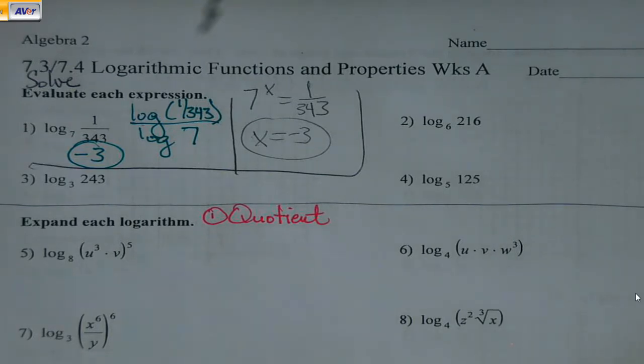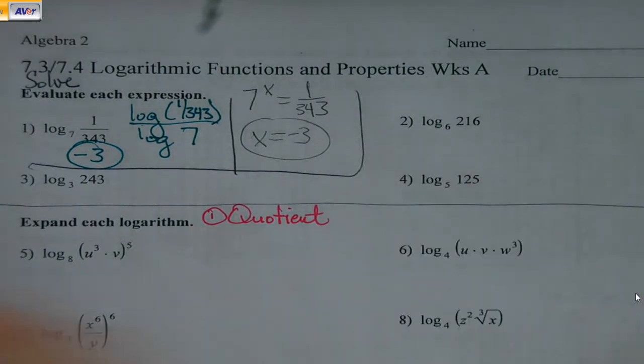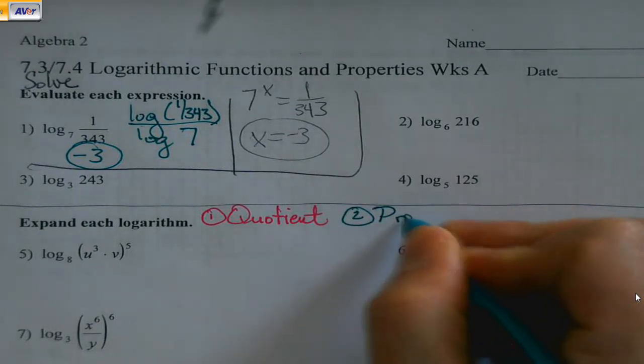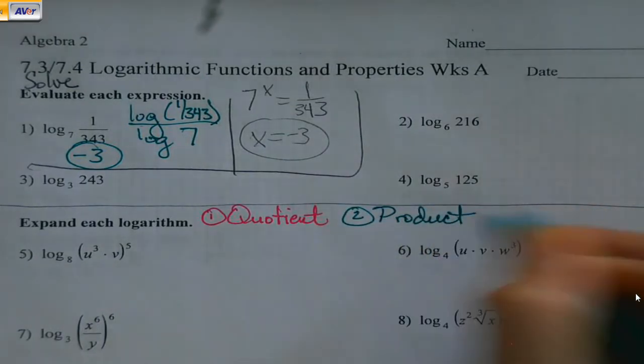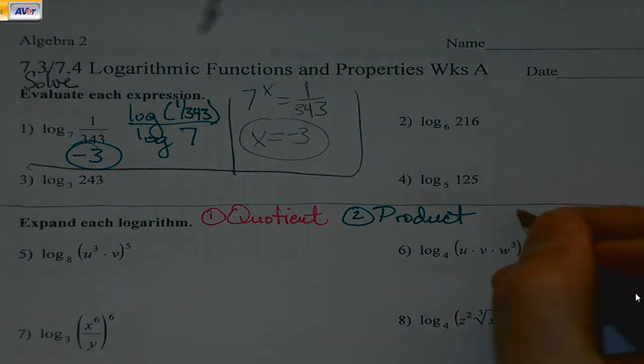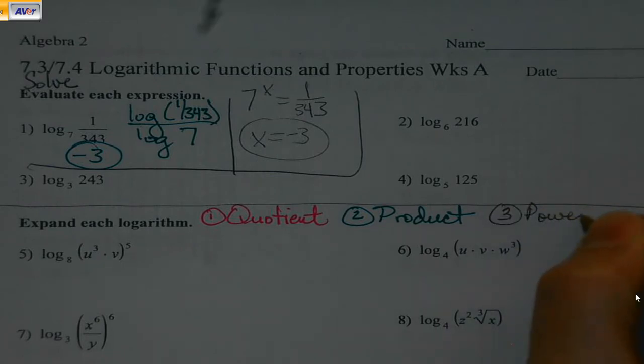Fractions are also considered for that. Then we were going to look if there were any products. And finally, we were going to check on power to power.